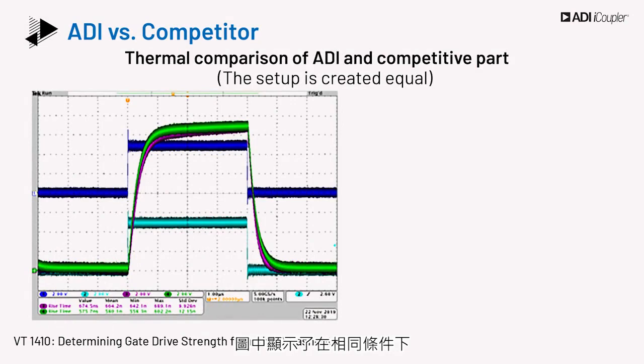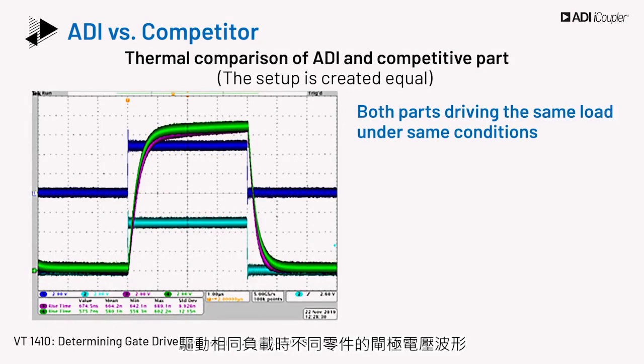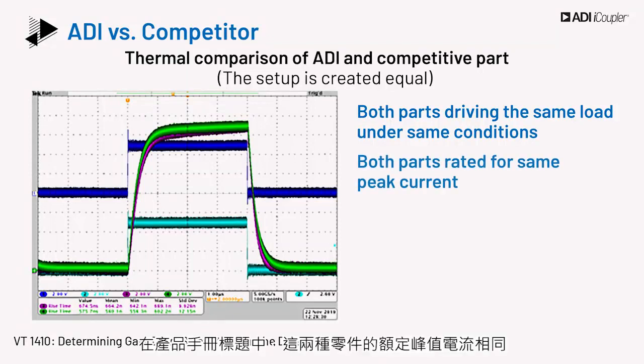This figure shows the gate voltage waveform with different parts when driving the same load under the same conditions. We measure the thermal dissipation during turn-on and turn-off transitions when a capacitive load is driven. The two parts are rated for the same peak current in the datasheet title.